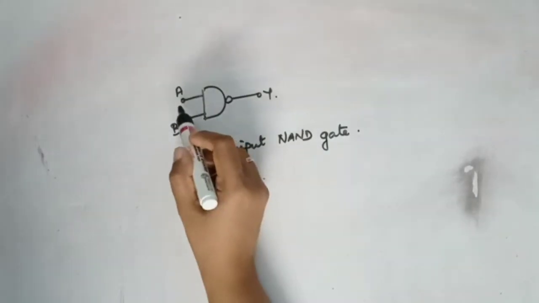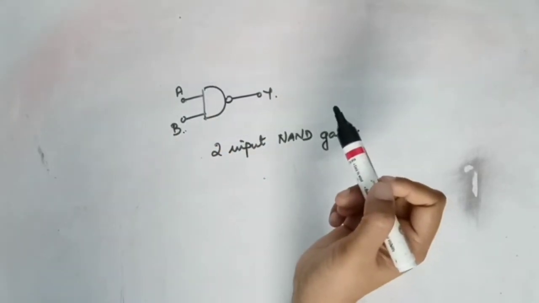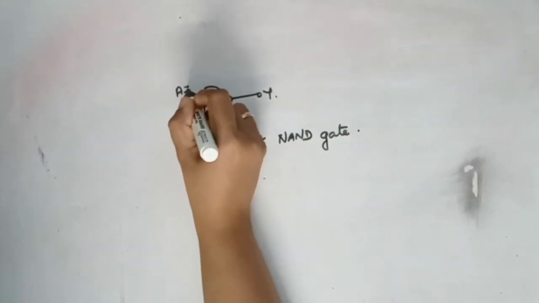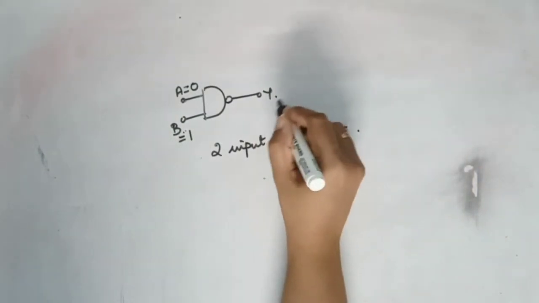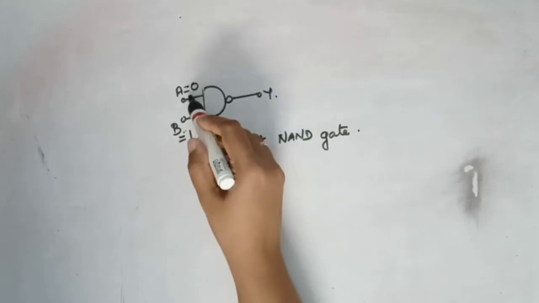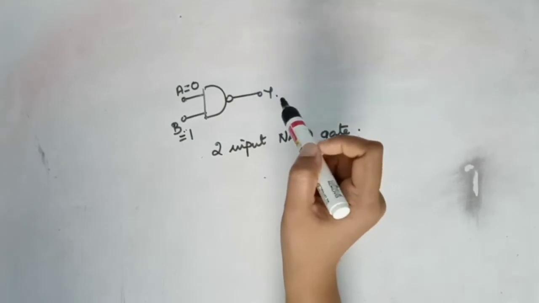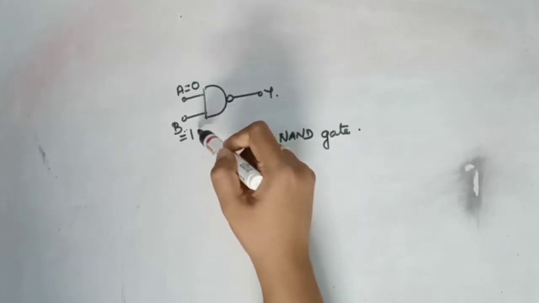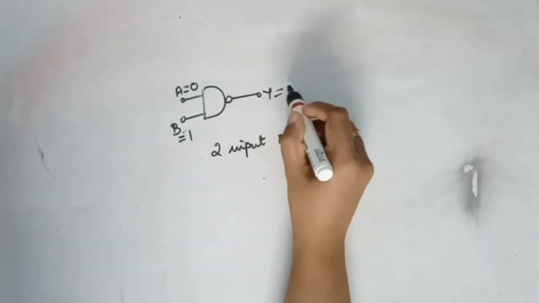Now when you give an input to A and another input to B, you get an output Y. Suppose you are giving A equal to 0 and B equal to 1. So the output should be 1. When you apply these inputs, it takes a small amount of time for the output to change according to the input. Suppose this is 0, 1 and my output I am getting is 1.